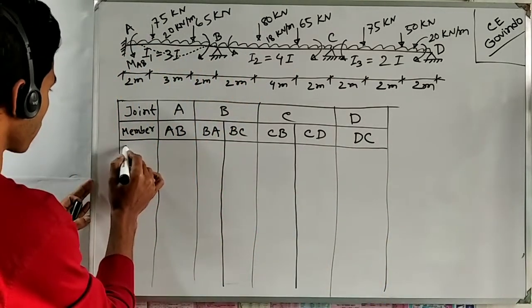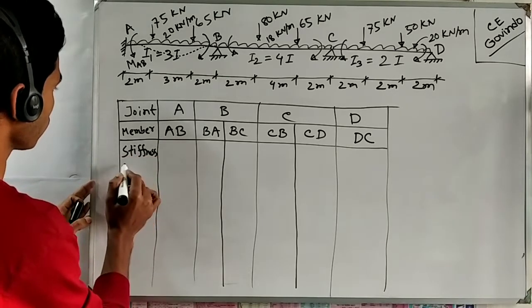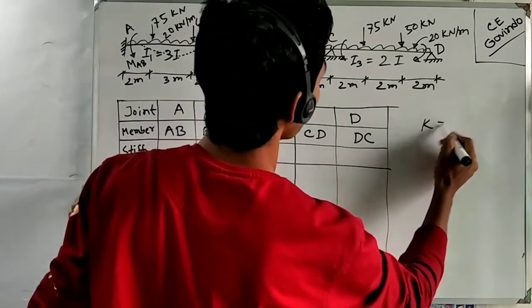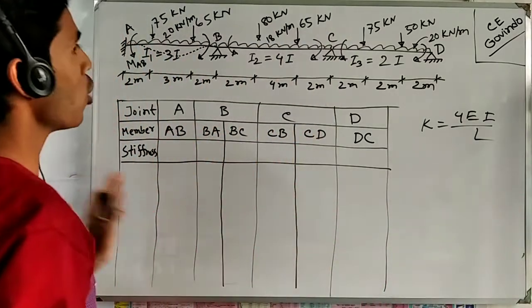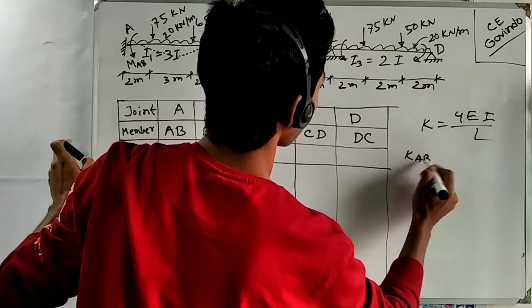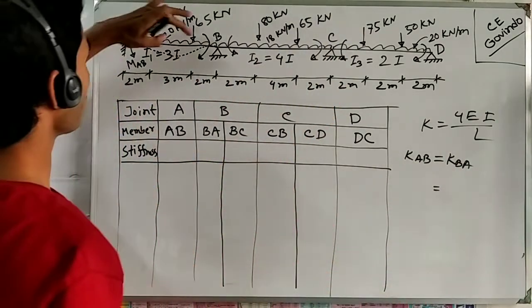Now find the stiffness. We know the stiffness K equals 4EI by L. What will be the stiffness for this member AB? That is KAB, and it will be equal to KBA, because both are the same member.